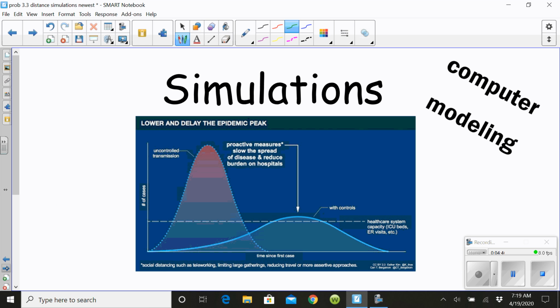So simulations are a very important part of the statistical world. Simulations or math models, or sometimes called computer models, are all really different names for the same concept, where we create a model and then try to use it to determine probabilities.